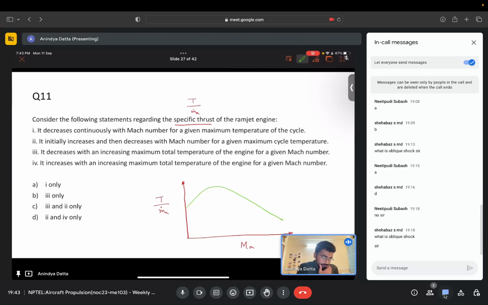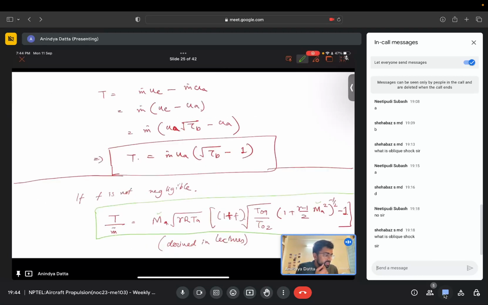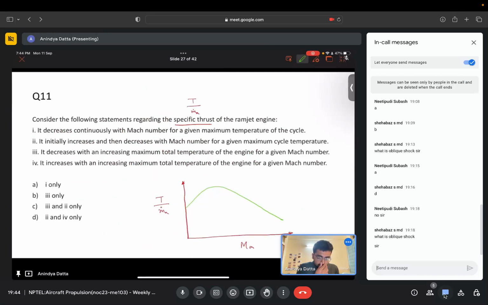The specific thrust initially increases and then decreases with Mach number for a given cycle temperature, that is, for a constant value of T04. You can see the specific thrust has a direct relationship with T04. So if T04, the maximum cycle temperature, increases, the thrust should also increase. Now if you keep on increasing this, it will follow this trend.